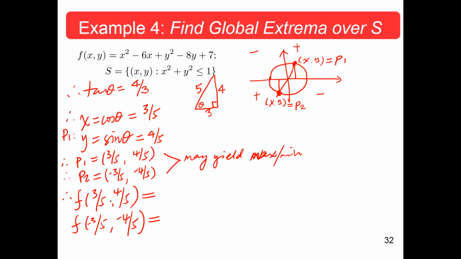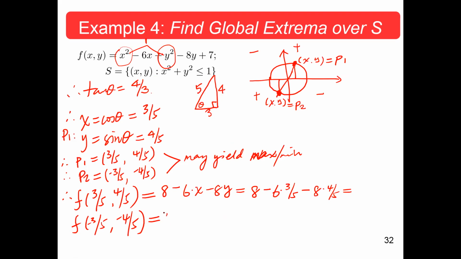Okay. So f of 3/5, 4/5, let me write, this is the function, right? The function is x squared minus 6x plus y squared minus 8y plus 7. So let's plug in, and we already know that x squared plus y squared equals 1. So that's 8 minus 6x minus 8y. It's 8 minus 6 times 3/5 minus 8 times 4/5.